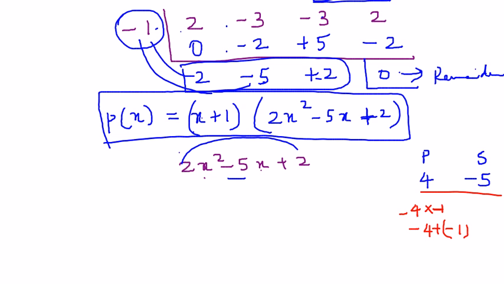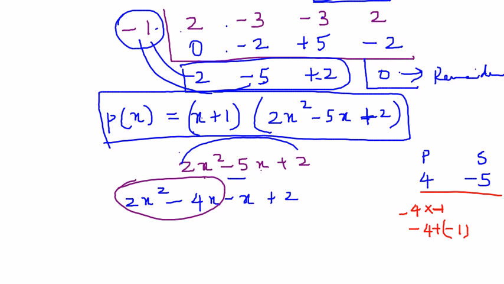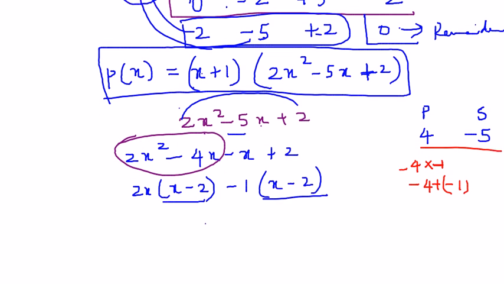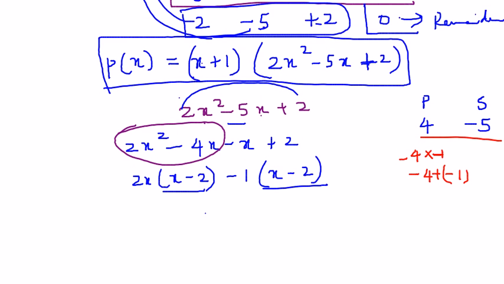So this equation becomes 2x squared minus 4x minus x plus 2. Now take these two terms. It becomes 2x, you take outside, it becomes x minus 2. And then you take a minus 1 outside, it again becomes x minus 2. As I said, ensure that bracket la you get the same term. So this you can write it as 2x minus 1 into x minus 2.